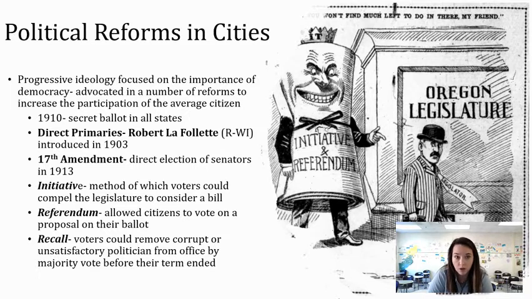But before the secret ballot, one of the reasons that political machines remained powerful, and why white supremacists maintained control over African American voters, is because there was no such thing as a secret ballot. Ballots would be printed by the political party. You would ask for that ballot.